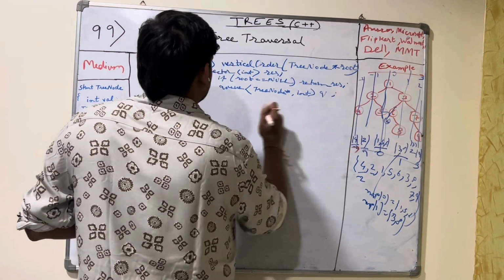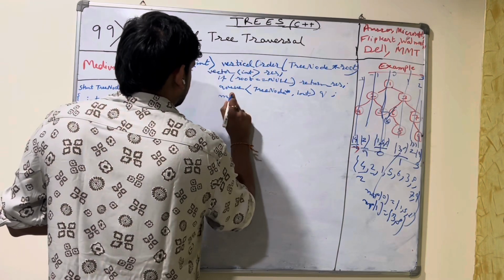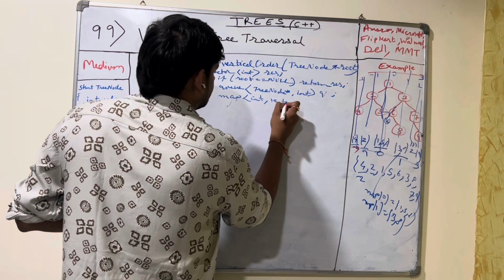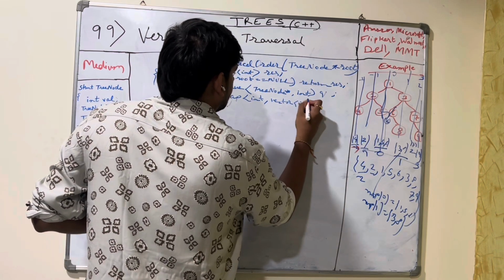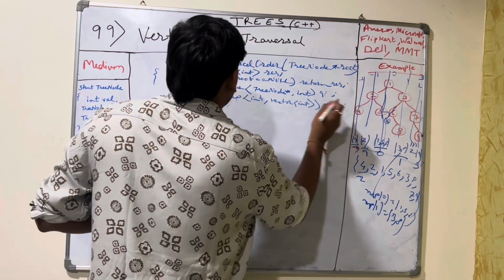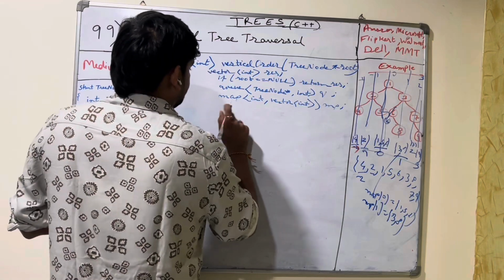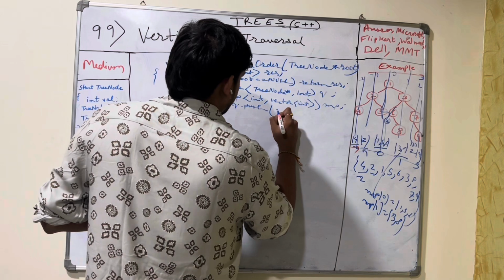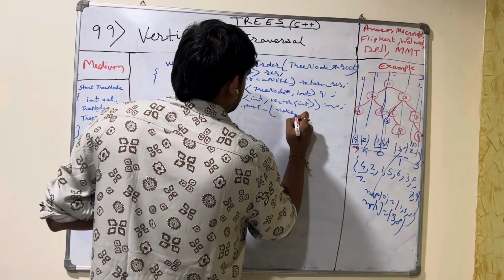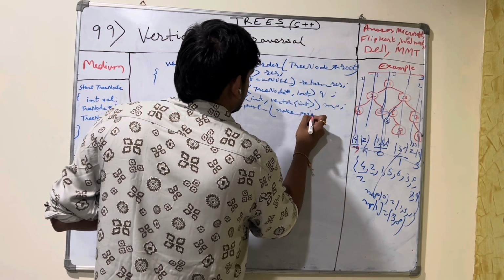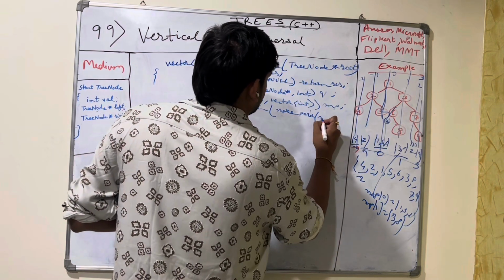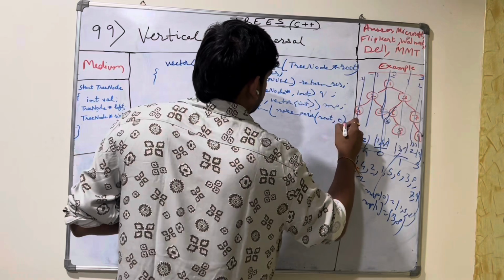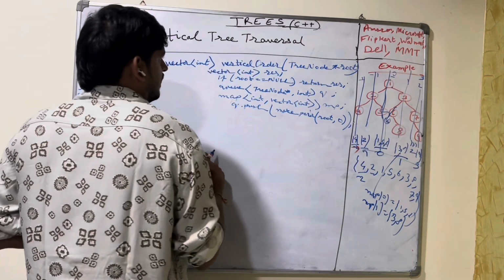Then we take a map of int, vector of int, mp. Now we insert the root and make pair. We'll insert root and the integer 0 as its value. Now we have inserted this.